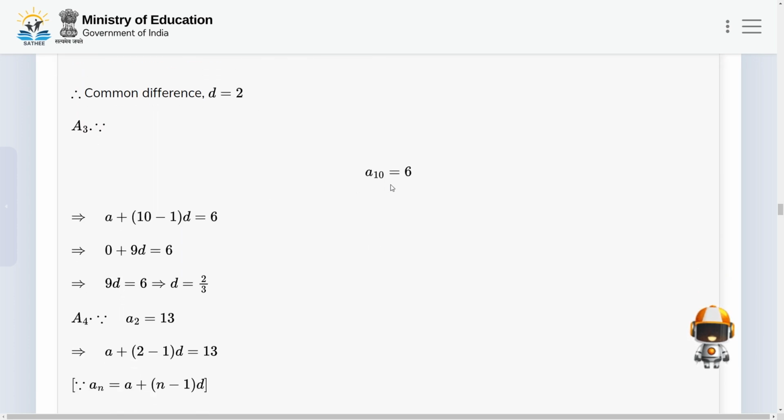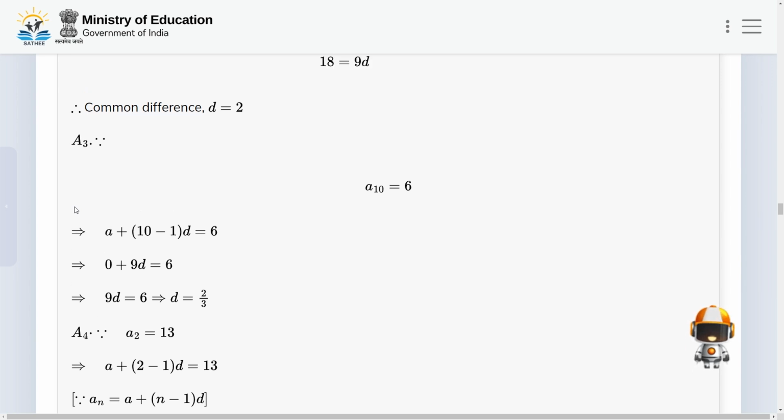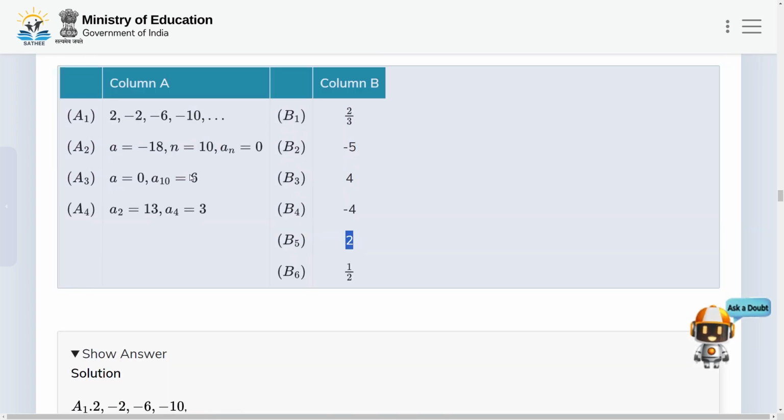So a10 is equal to 6, that is given, so a plus 10 minus 1 times d is equal to 6, and given a is 0, so 0 plus 9d is equal to 6, and it implies d is equal to 6 by 9, that is equal to 2 by 3. Therefore the common difference d is equal to 2 by 3. So A3 is related to B1.